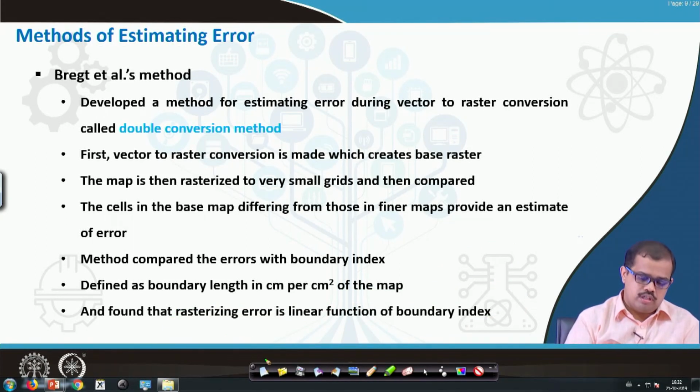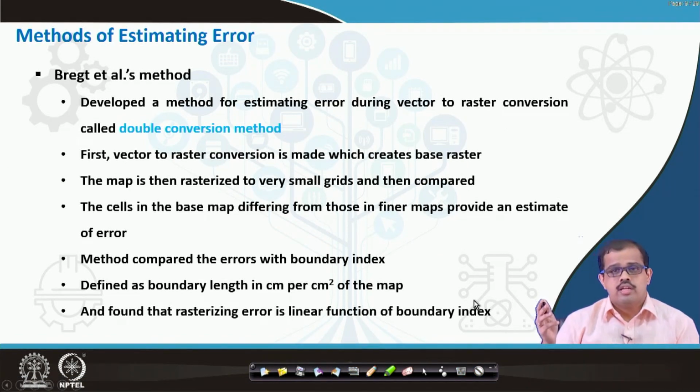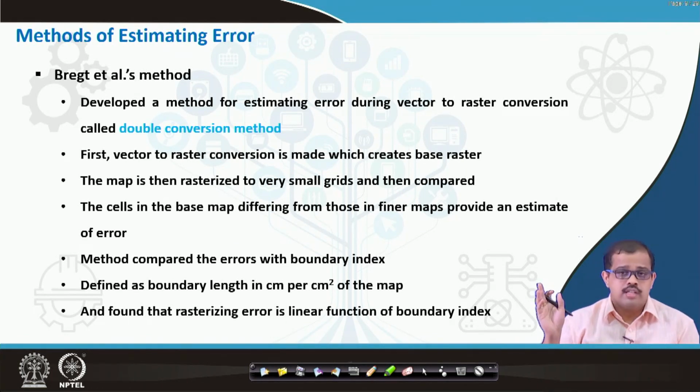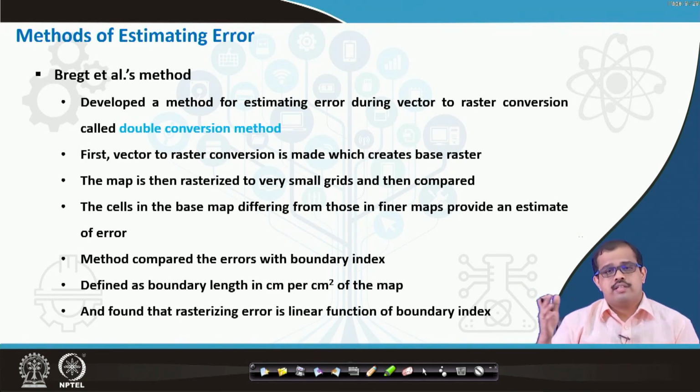Most of the software that you may use in the future, let us say ArcGIS, QGIS, etc., have either one of these methods or more evolved methods, for example MCM, etc. These methods are used in order to do a vector to raster conversion.